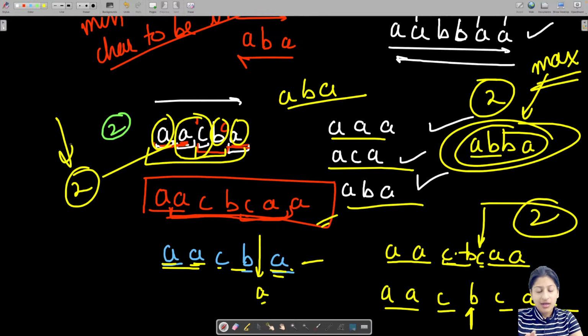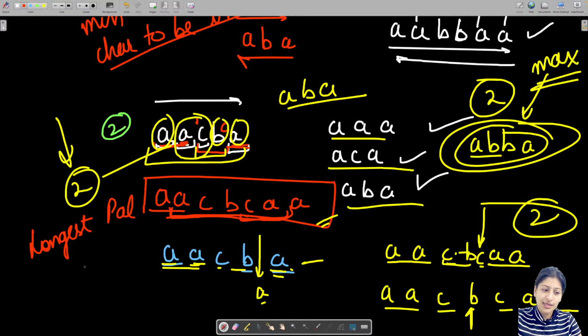Now this was one observation: you figure out the longest palindromic subsequence. You figure out the length of your longest palindromic subsequence.